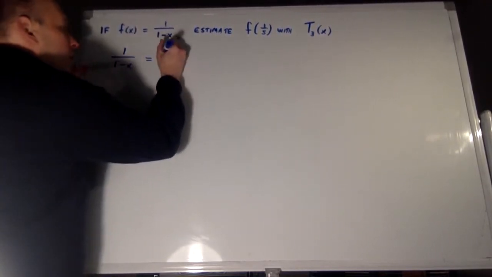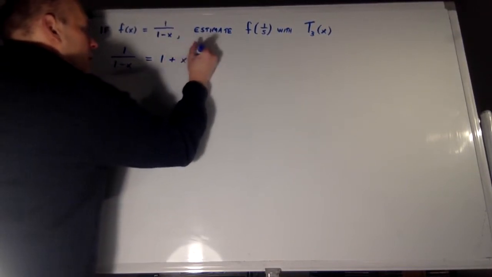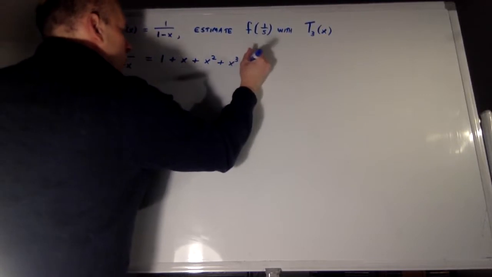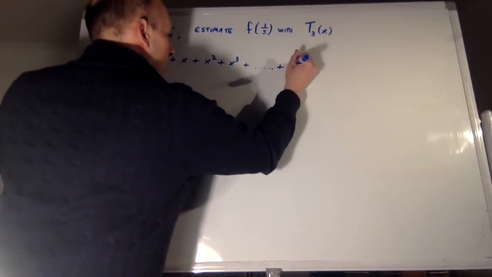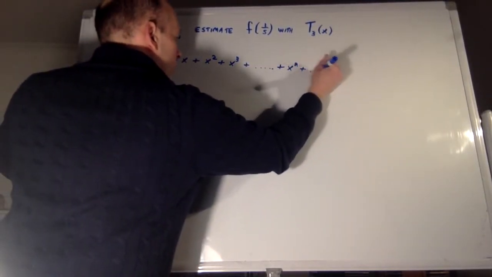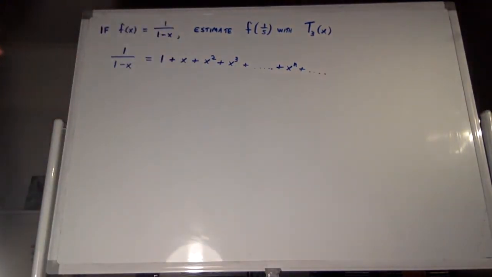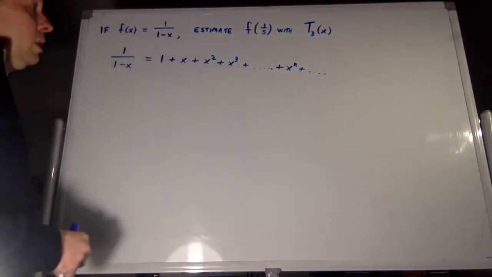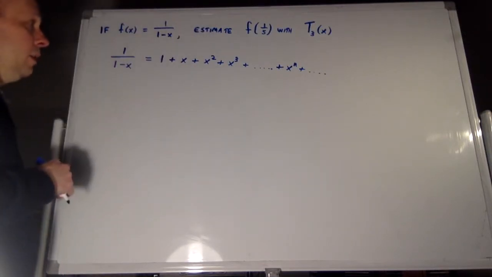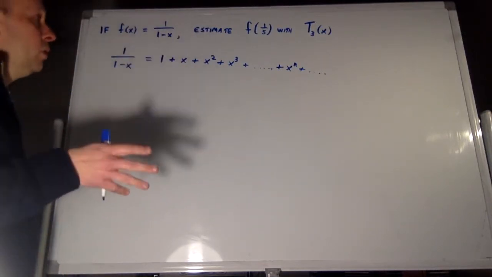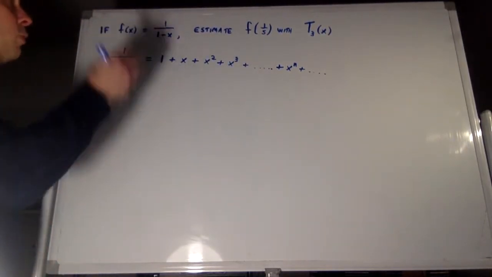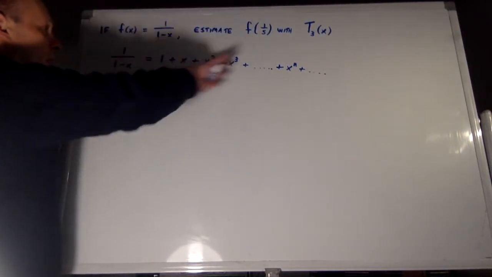This one is 1 plus x plus x squared plus x cubed plus dot dot dot plus x to the n, and then on forever. We saw this, we were amazed. It does have that smaller interval of convergence, but still pretty amazing stuff here. And speaking of that interval of convergence, 1/5 is within that interval of convergence. That's why we can estimate f of 1/5 using this.